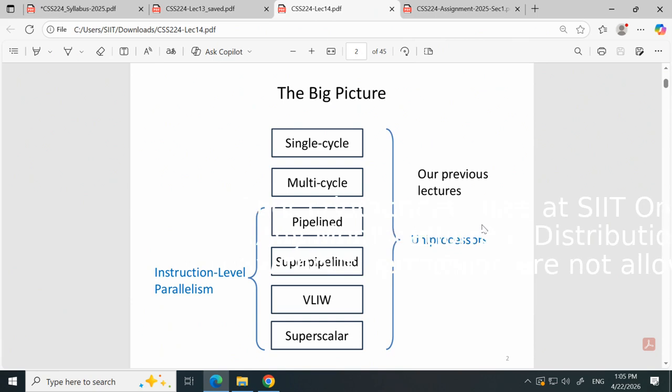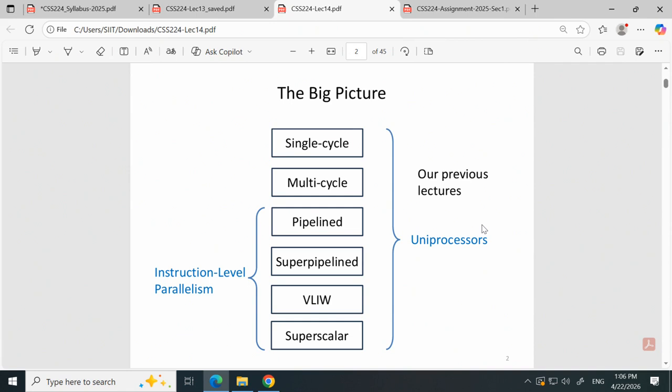Basically, super pipeline is quite similar to pipeline computers, unless they increase the clock rate to make it faster. And as a consequence, we're going to have multiple stages according to the increased clock rate.